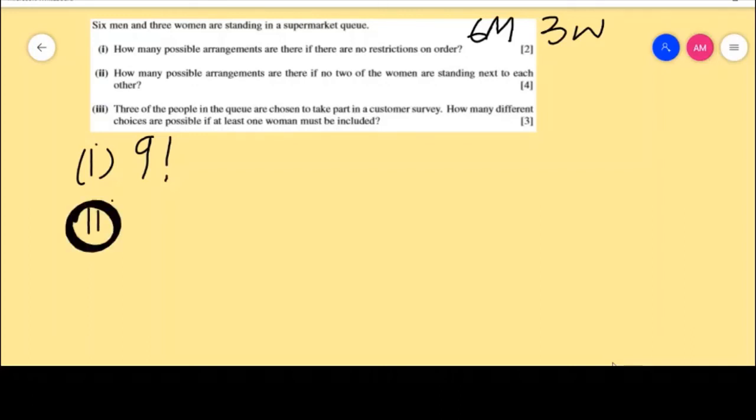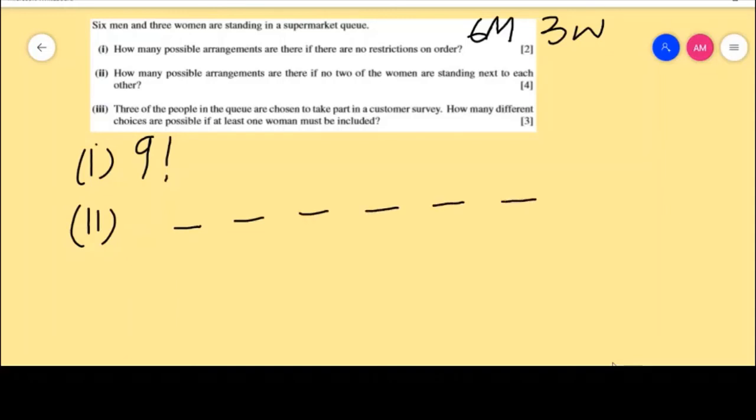Right, part 2. How many possible arrangements are there if no two of the women are standing next to each other. No two of the women are standing next to each other. Right, so I find it easy to do the men first, leaving gaps. So I'm going to go 1, 2, 3, 4, 5, 6.